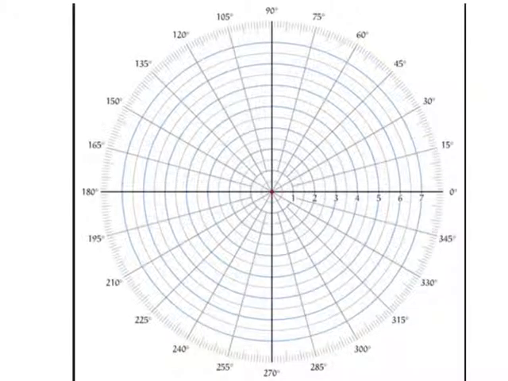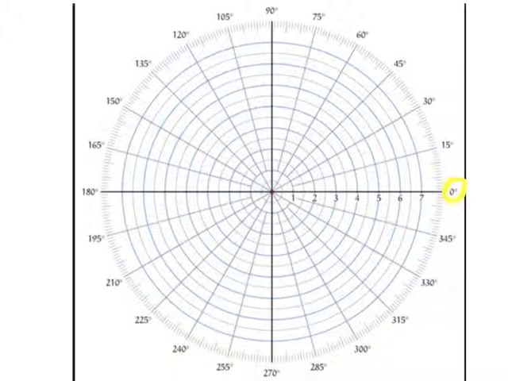Now, talking about angles, I wanted to show you, this is what we call polar graph paper. People do use it to graph, but it's used to graph degrees. So when we start, we always start at 0. So if you look over here, you see 0 over here. That's your starting point anytime you graph.